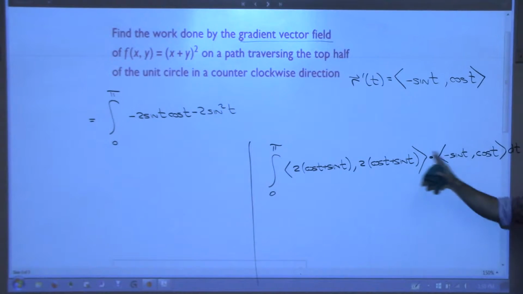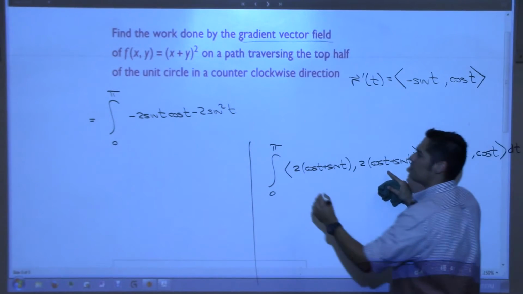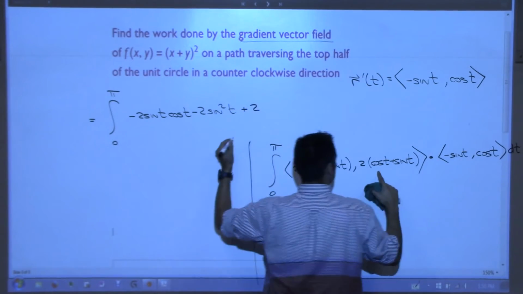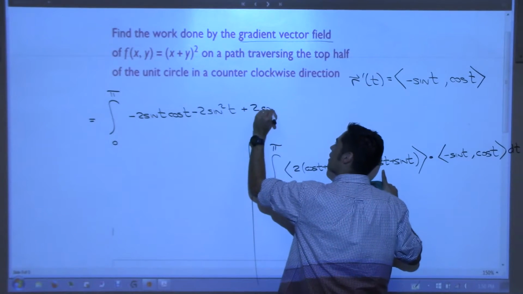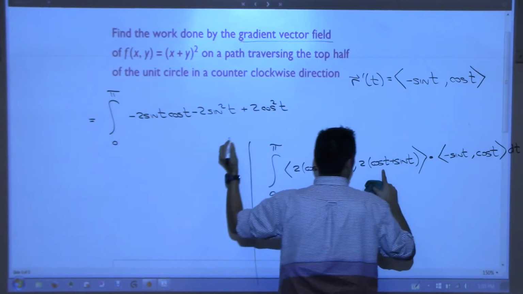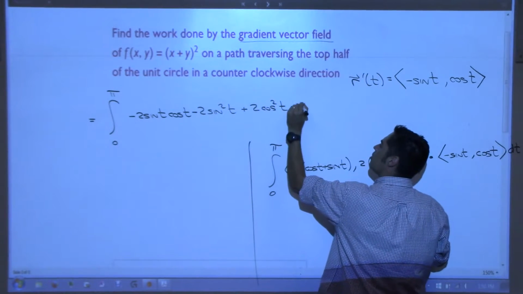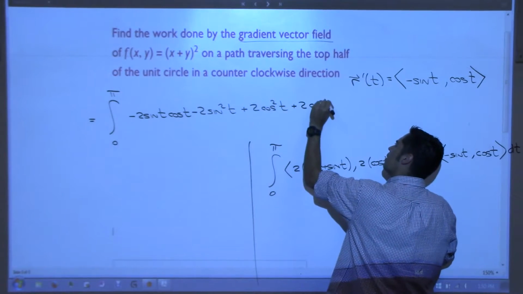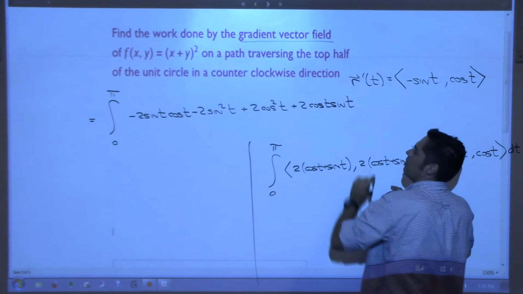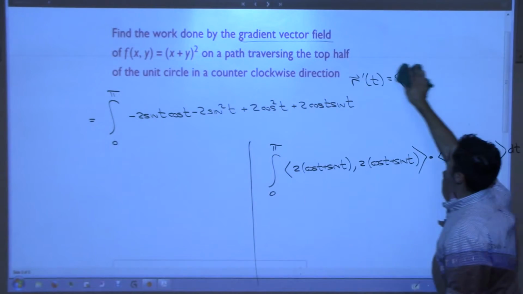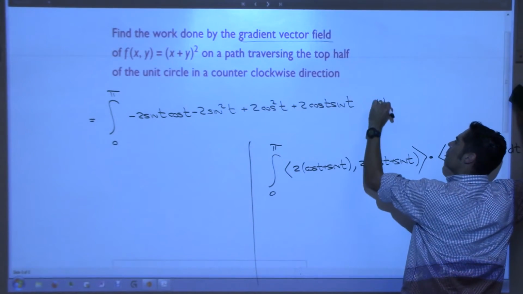And then when I do this one times this, I get plus or minus? Plus 2 cosine squared t. And then plus 2 cosine t sine t. dt.